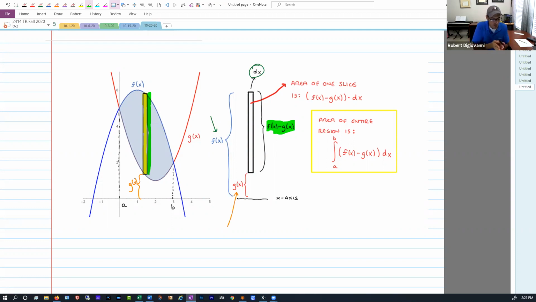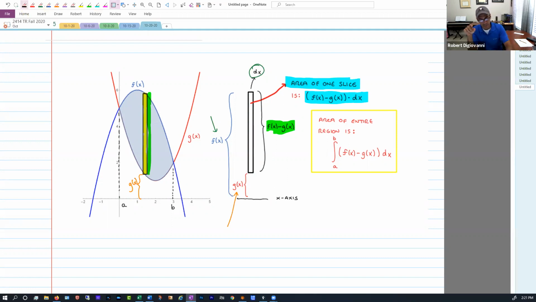We look at the visual of what's happening to create the formula. So this right here, the area of one slice is that blue formula right there. That's the area of just one of those rectangles.